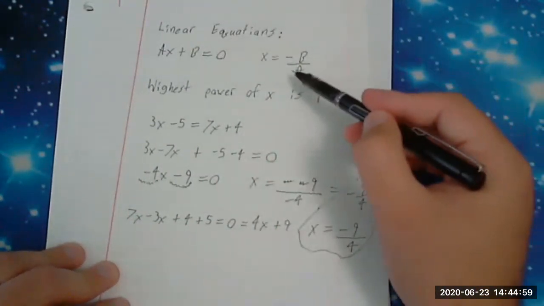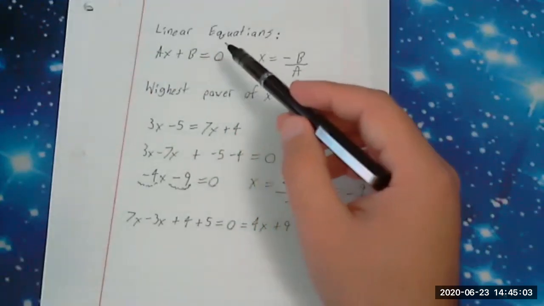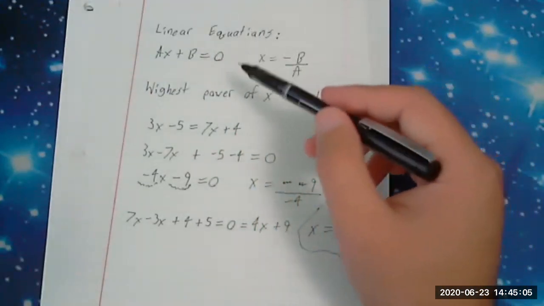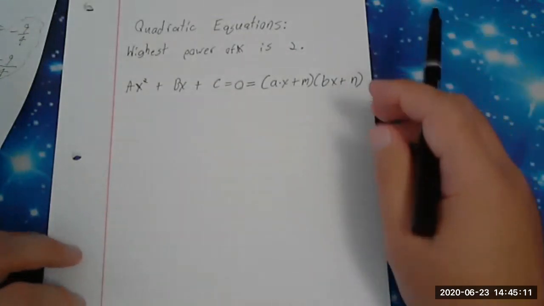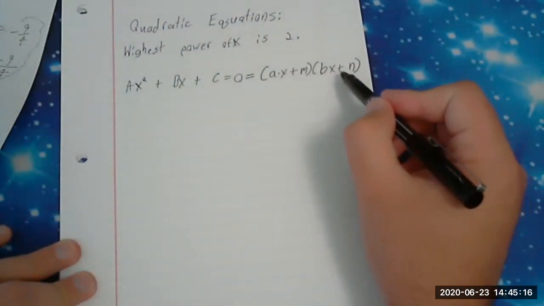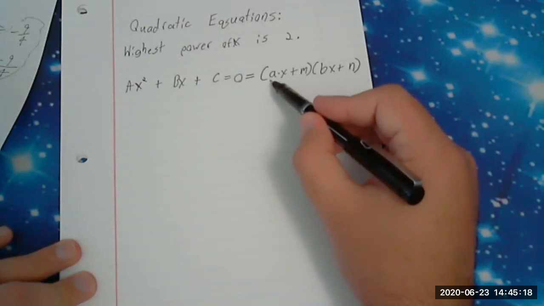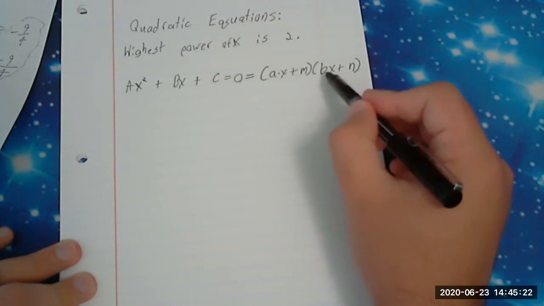And we know exactly how to solve that. Once we have it in this form, we know that it's always equal to this thing. Okay? So that's what we do. Once we get it here, we know how to solve this linear equation and this one.